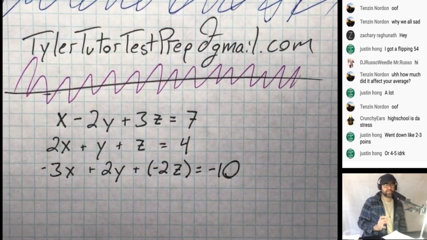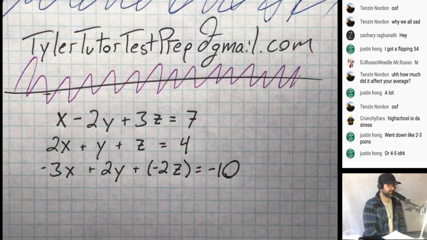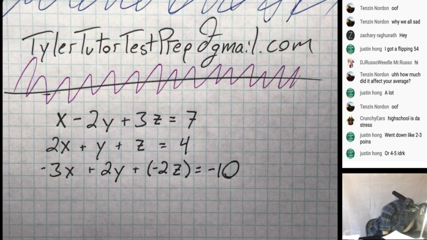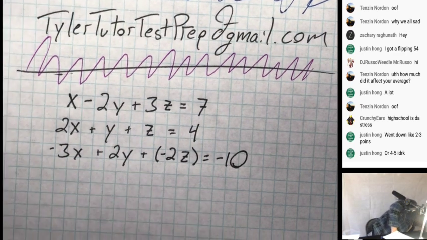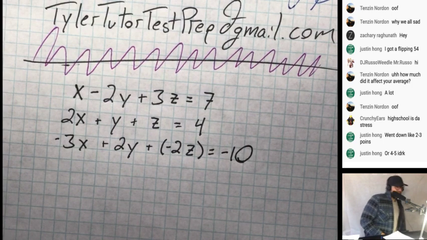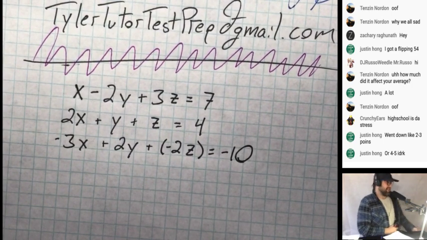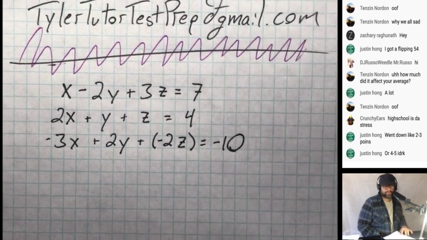So this is a system of equations. We've been dealing with systems of equations. I've just been calling them age games, because in the SHSAT, that's generally how they frame them, as age games. But on the SAT, they don't care.